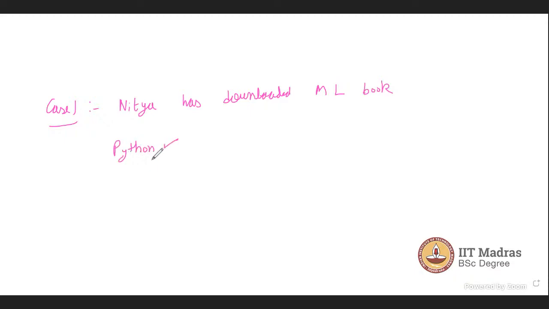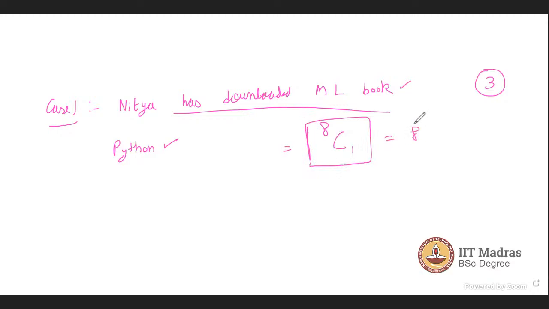Because it is mentioned that ML will be downloaded only after Python. So now 2 books are downloaded. We are left with 8, and in total we can download 3, right? One is ML, one is Python, done. So we have to choose 1 more out of the 8. So it's 8C1 cases.